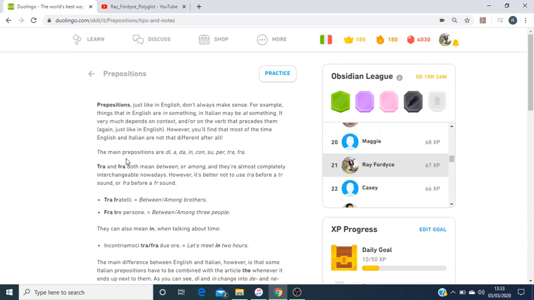So the main prepositions in Italian are di, which is like of, a, just like to or at, da is like from, in is the same as English in, con is like with, su is like on, per is close to for, tra and fra.